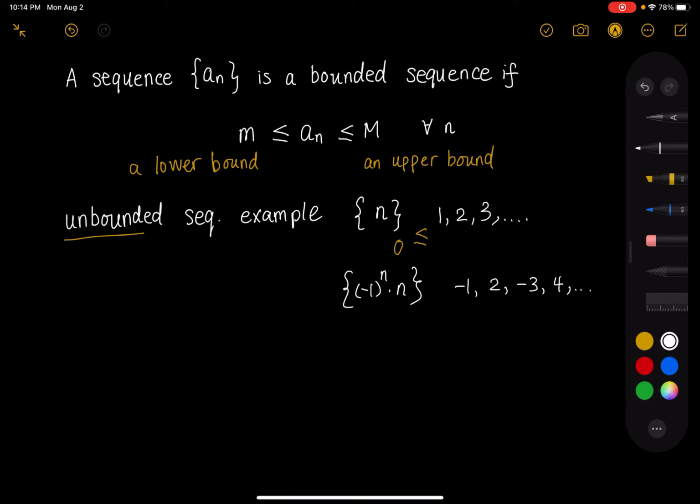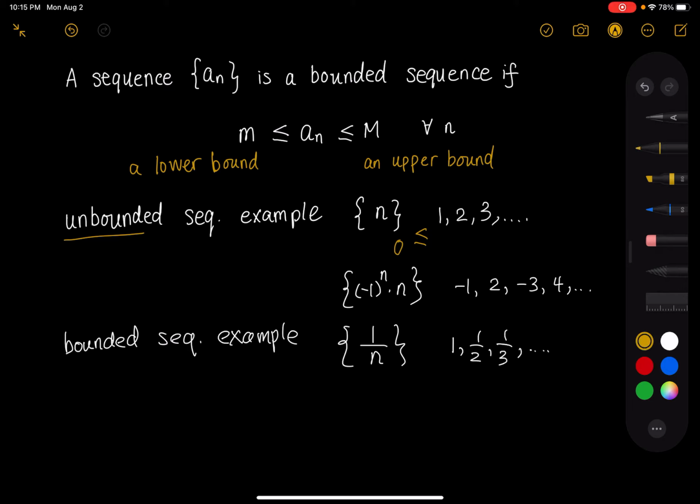But for a sequence to be bounded, it must have a lower bound and an upper bound. So for example, 1/n. This is just 1, 1/2, 1/3, and so on. Each term is greater than or equal to 0. 1/1000 is still greater than 0.